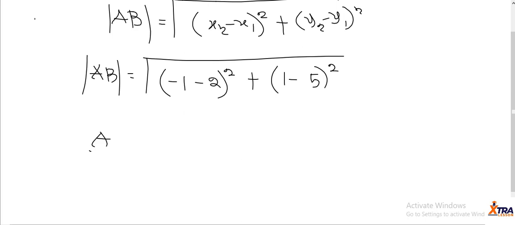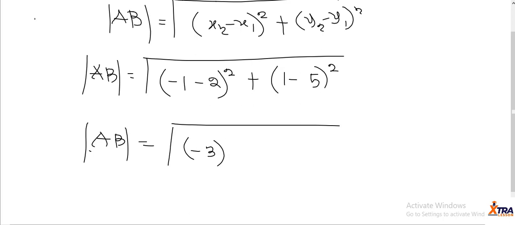So we have AB equals the square root of minus 3 raised by 2 plus minus 4 raised by 2.